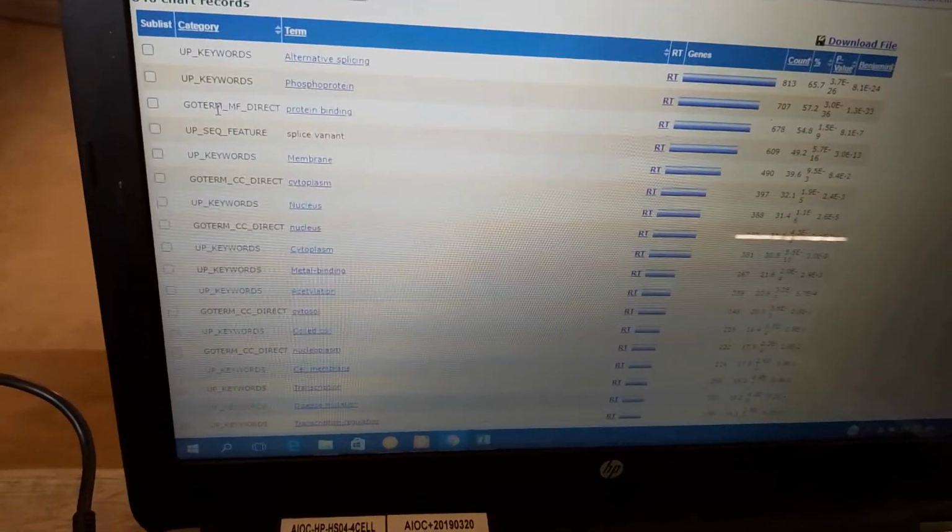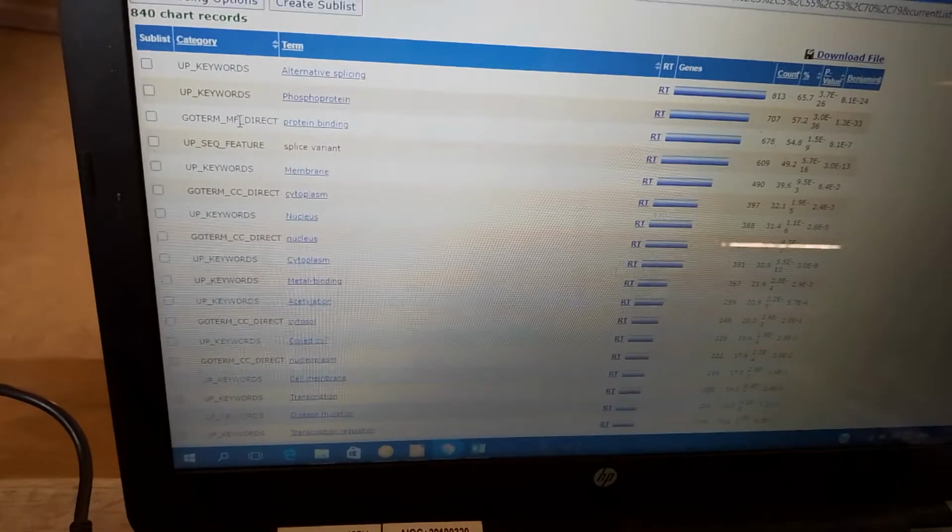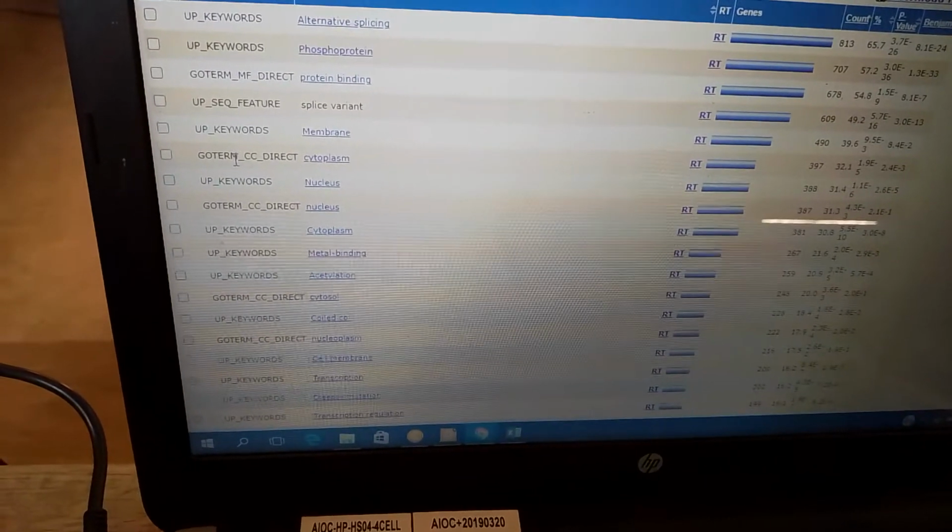Okay, so if we look at gene ontology term MF, this MF means that it is the molecular function, but we are looking for biological process. The first one, we want to look for biological process. Okay, we go down, we have gene ontology term cellular component. That is not what we are looking for now.